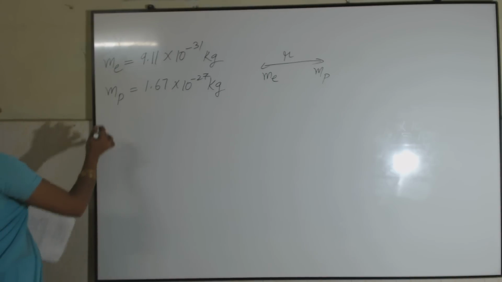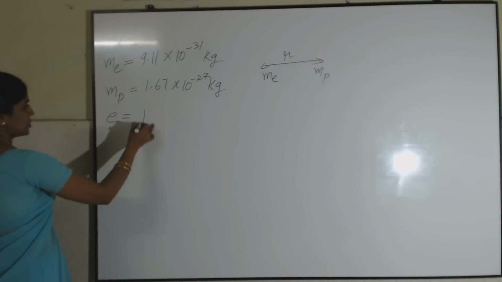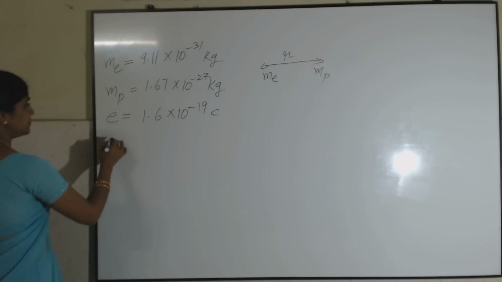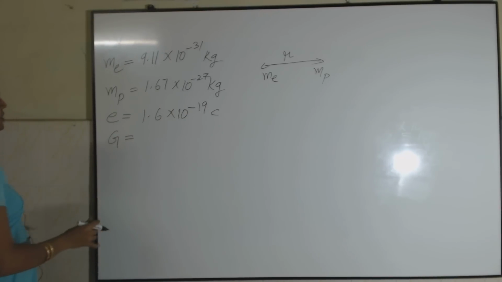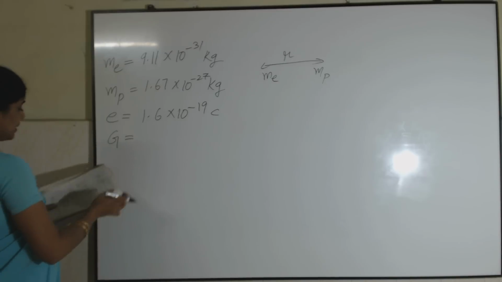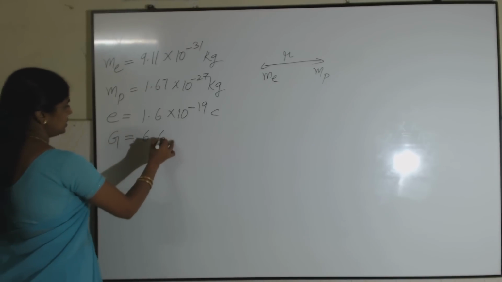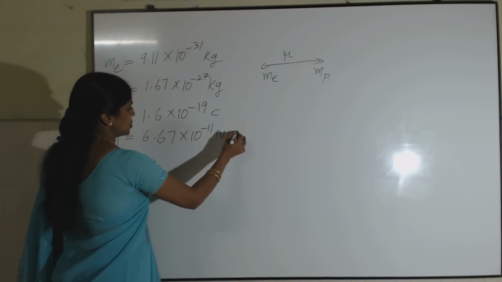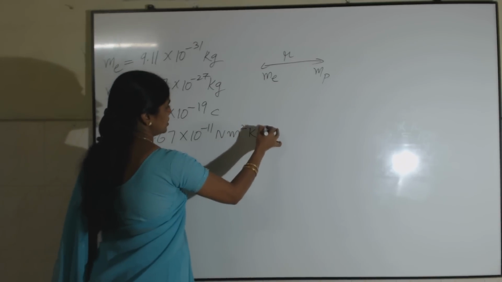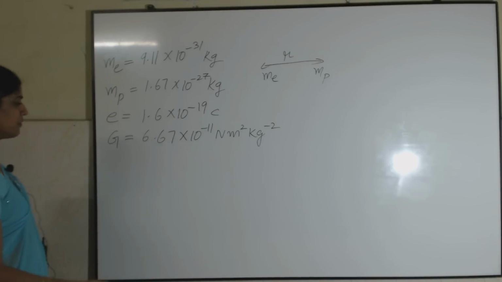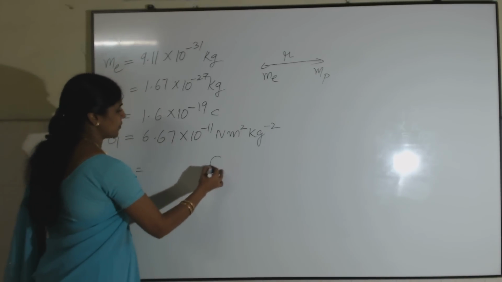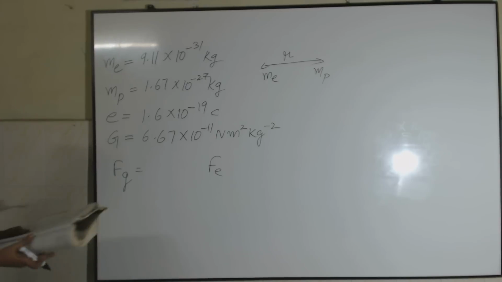The charge of the electron is 1.6 into 10 power minus 19 coulomb, and the G value is given as 6.67 into 10 power minus 11 Newton meter square kg power minus 2. Now we will write the formula for Fg and Fe.